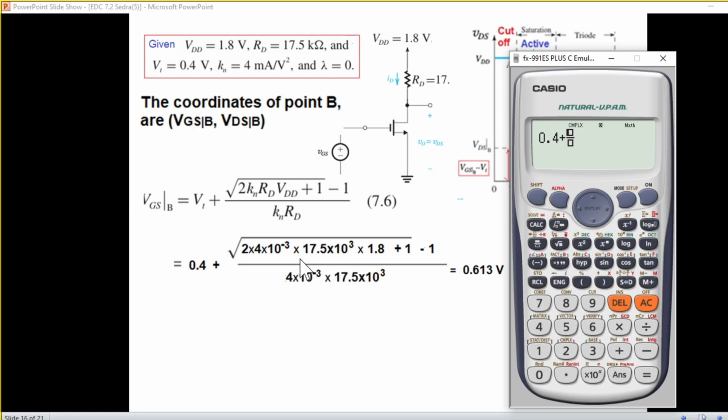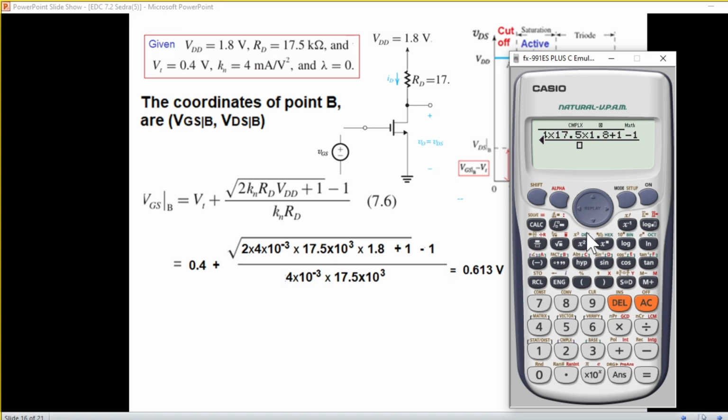So 2 into 4 into 17.5 into 1.8, all under root. So this is done. Then we'll add plus 1, all within the root. I will move further and put minus 1.